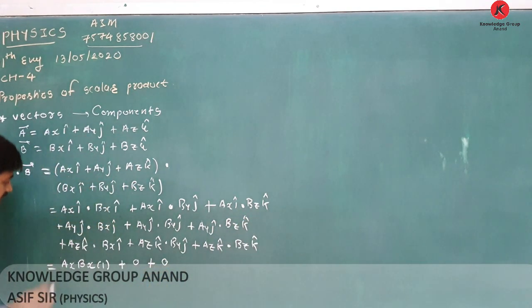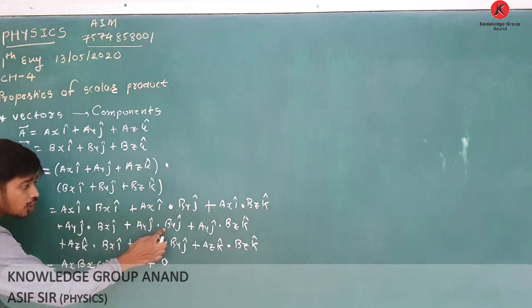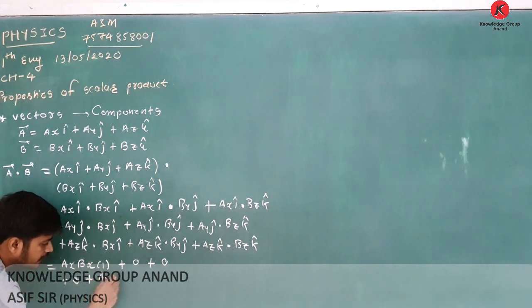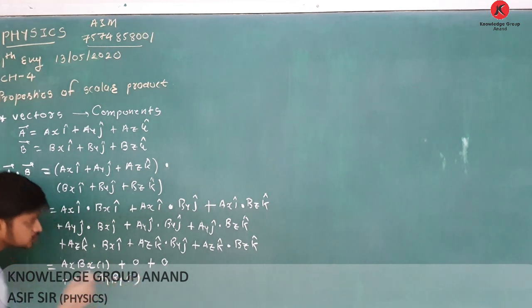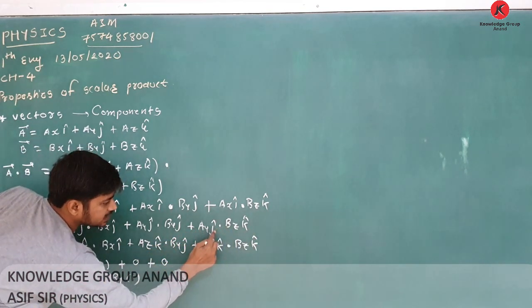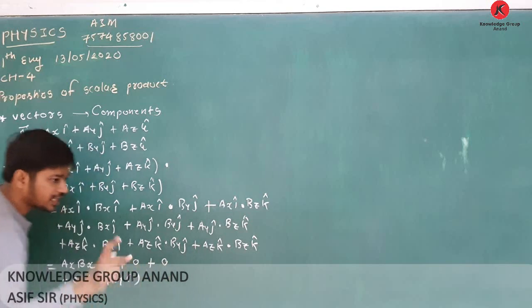Yes or no? Yes. Then for the term Ay j dot Bx i, j dot i will be 0. Ay j dot By j: j dot j is equal to 1, so it is Ay By. Last term, Ay j dot Bz k, j dot k is 0.